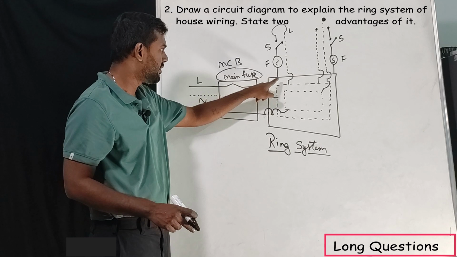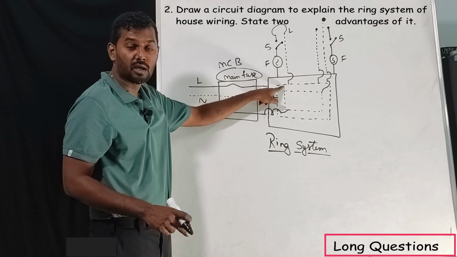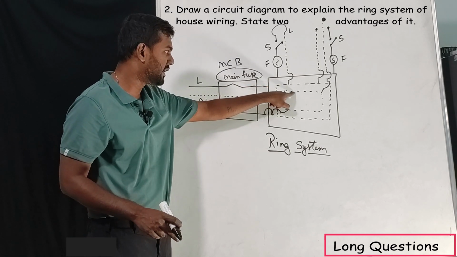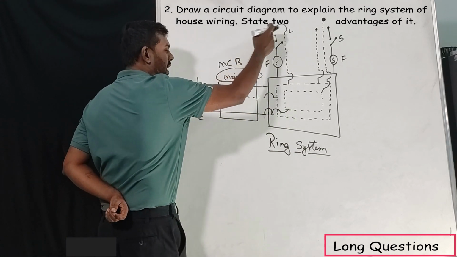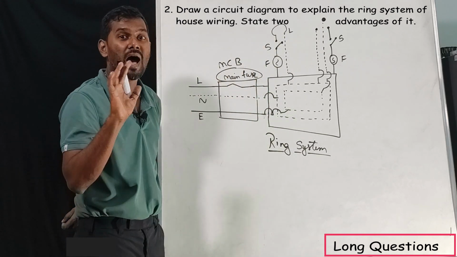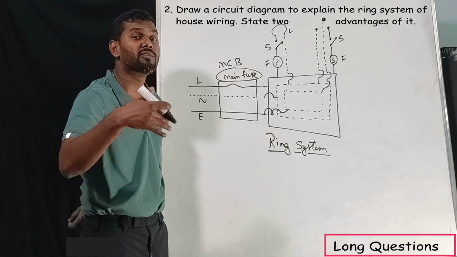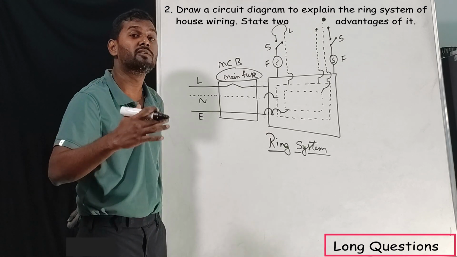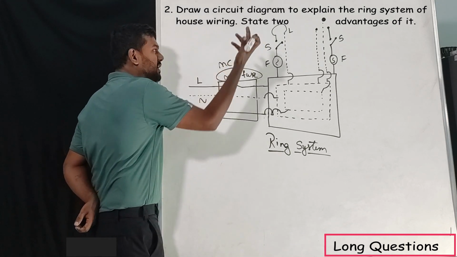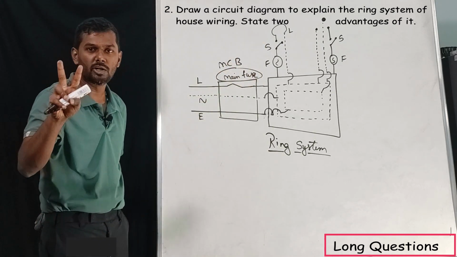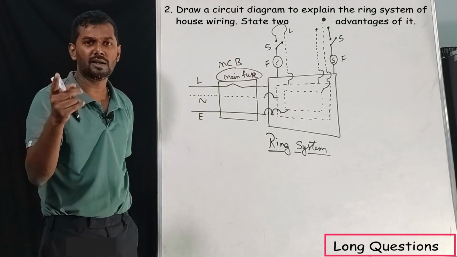The second one is the neutral wire, and the innermost wire is called earthing. So for a lamp or a bulb, it does not require earthing. Where we require huge power, there we use the earthing connection. For a lamp, it does not require earthing connection. Only two connections are required, neutral and live.